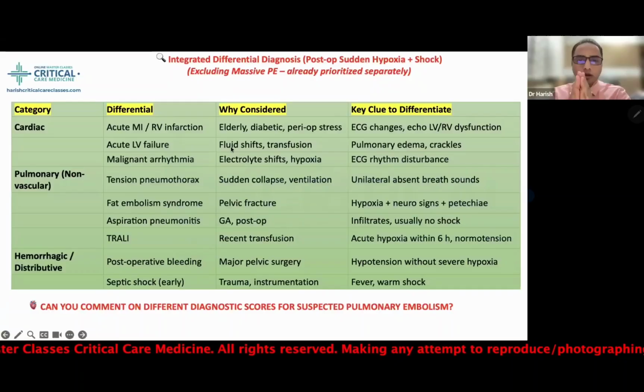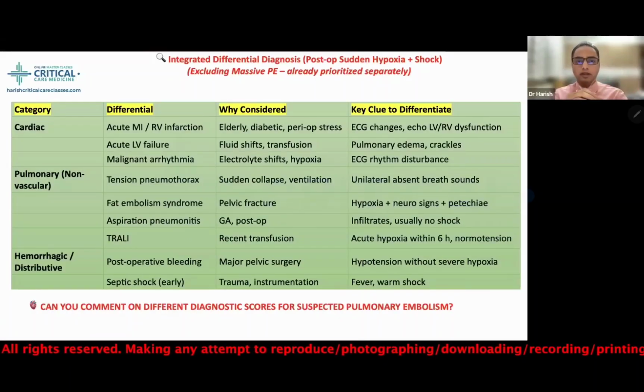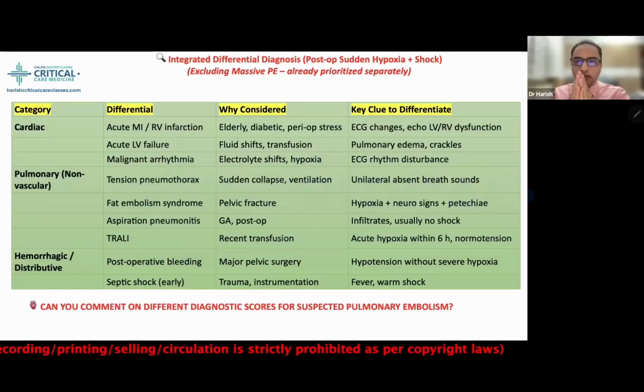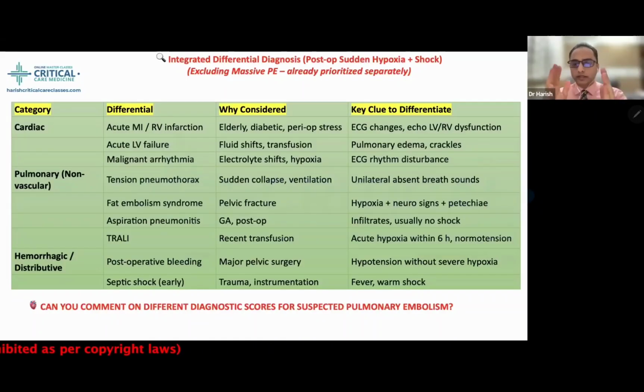Look for perioperative stress. He was diabetic and elderly. For LV failure, acute fluid shift will be there, massive transfusion. Malignant arrhythmia can be because of electrolyte shift or hypoxia. Do an ECG, echo. On auscultation, pulmonary edema, crepitations; ECG shows rhythm disturbances.